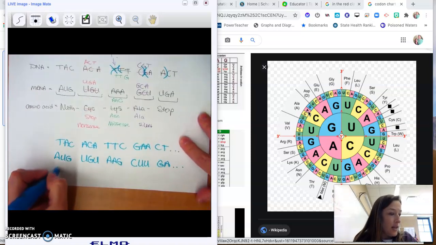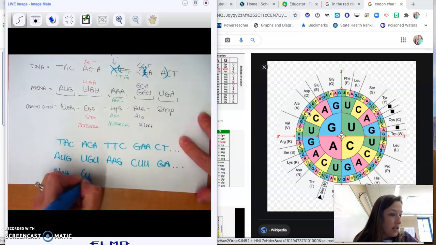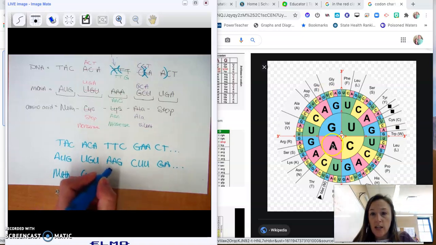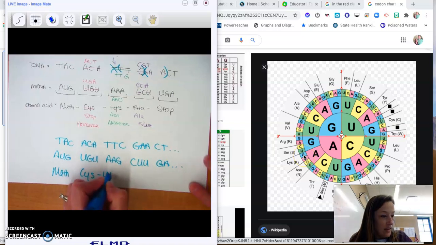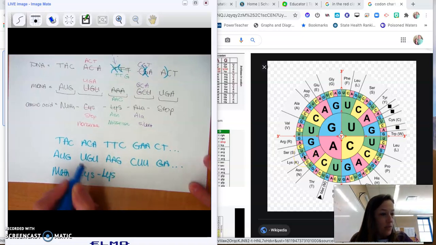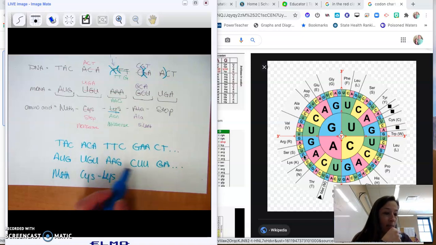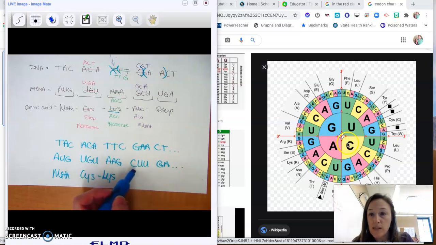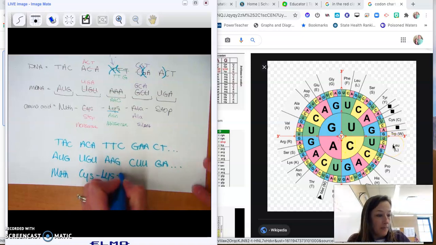Okay, this is still methionine. This is still cysteine. AAG is lysine. Okay, so technically no change yet, but now we've got CUU. So CUU is leucine.